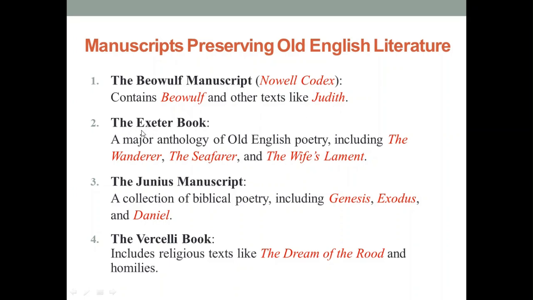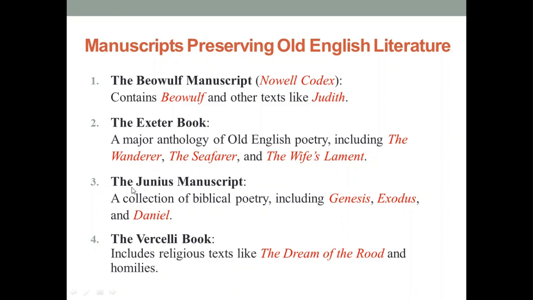The next manuscript is the Exeter Book, a major anthology, a collection of Old English poetry, which includes The Wanderer, The Seafarer, and The Wife's Lament. So these important poems we find in the Exeter Book.